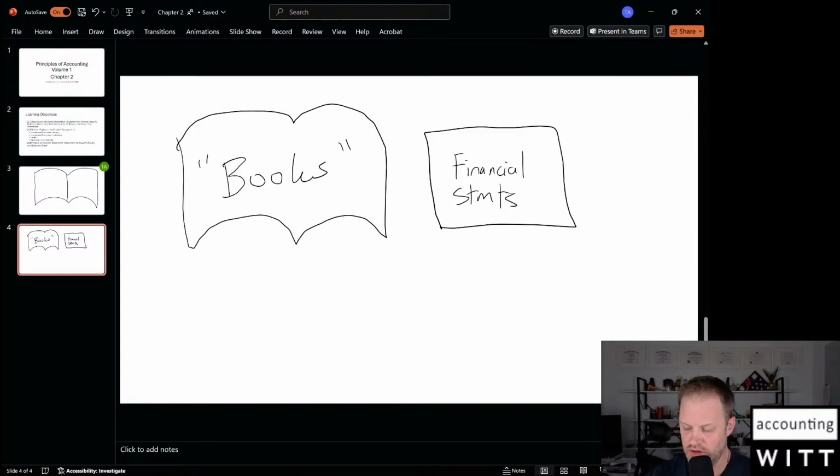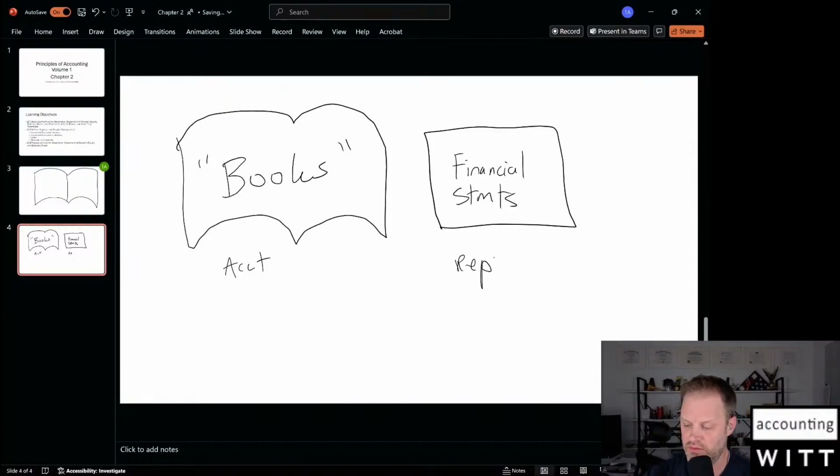The books are where an accountant translates, organizes the information. The financial statements are the product or the printout or the report.